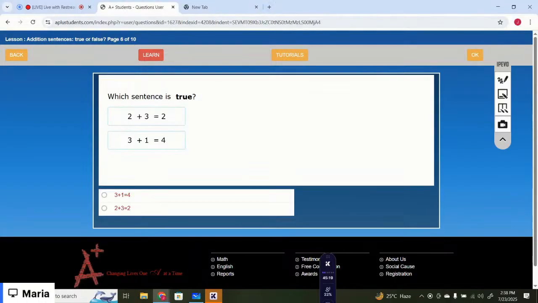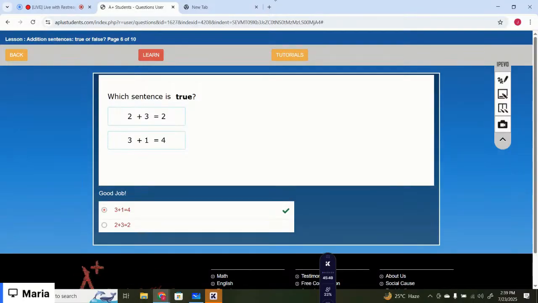Which sentence is true? 2 plus 3 equals 2, or 3 plus 1 equals 4? Option number 1 is the correct option. That is 3 plus 1 equals 4.